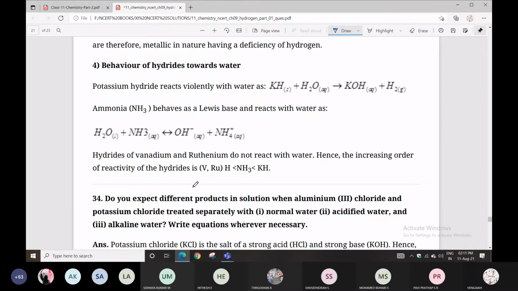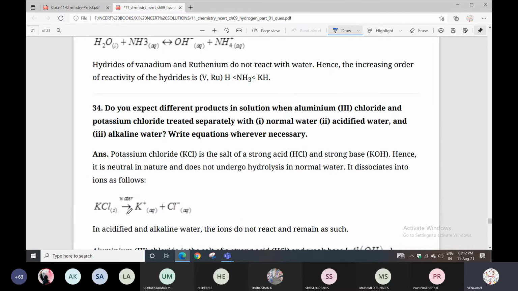Next one is: do you expect different products in solution when aluminium chloride, AlCl3, and potassium chloride, KCl, are treated separately with normal water, acidified water and alkaline water? Write the equation wherever necessary. We can write three combinations: normal water, acidic water and alkaline water.